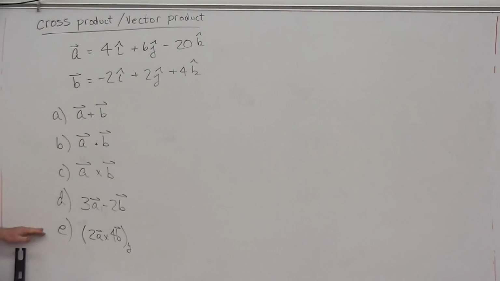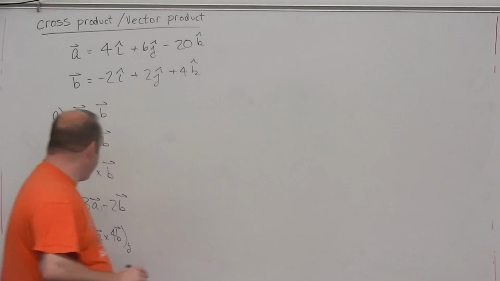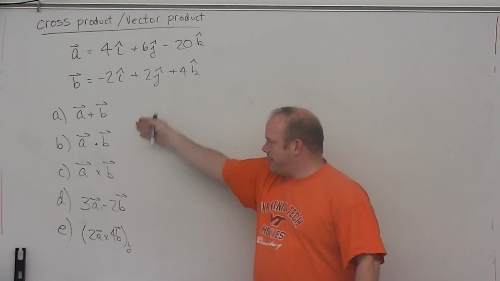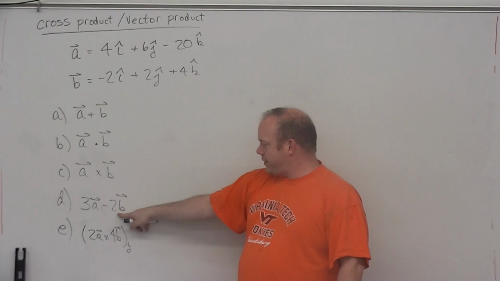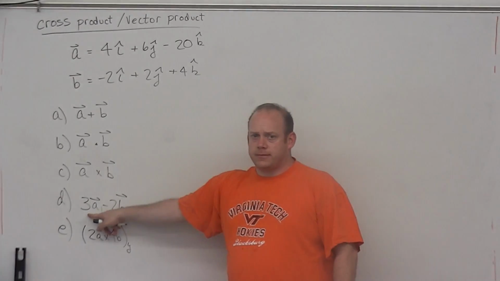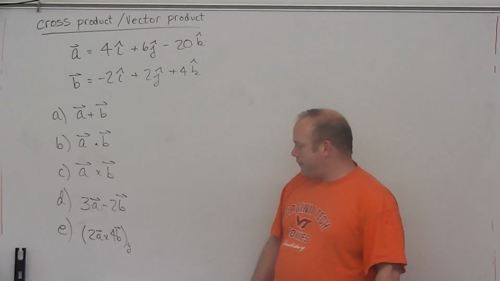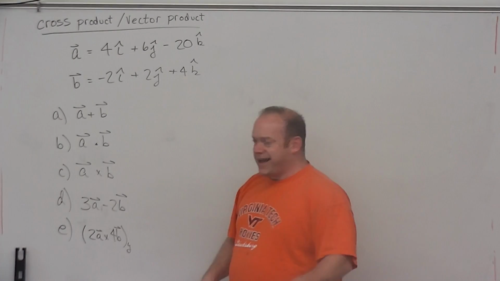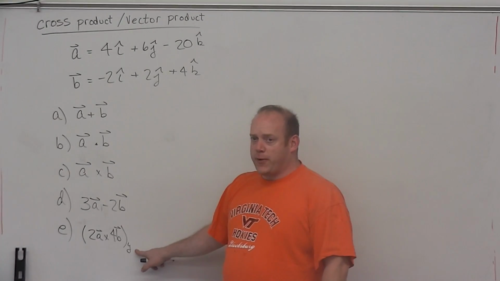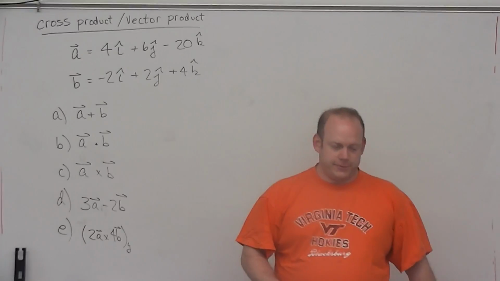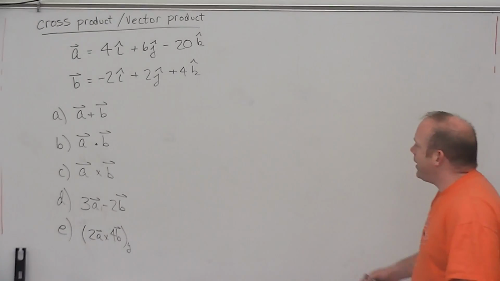Okay, so we're going to do these 5 parts here. We're going to find the basics here. We're going to subtract and put that scalar out front. We're going to figure out how to do that. It's not very hard. Then we're going to multiply a scalar out front here, and figure out what the y component of a cross product is. Okay, so let's go ahead and do that.